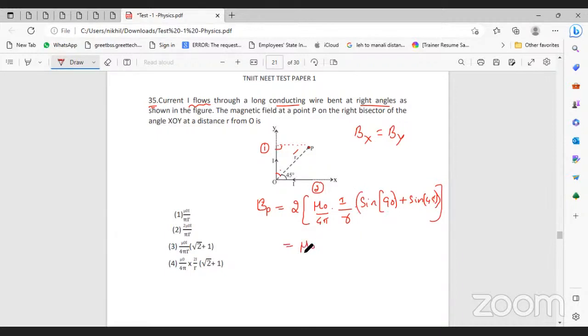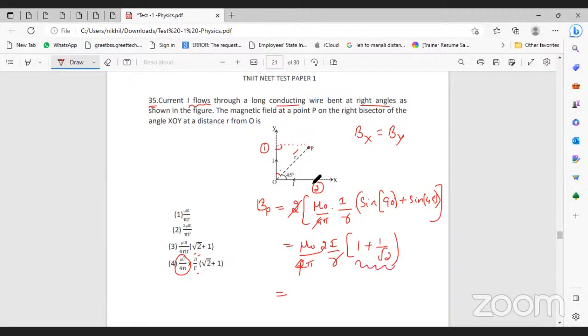So it is mu naught by 4 pi into 2, I by R, into sine 90, which is 1, plus sine 45, which is 1 by root 2. So it is 1 plus 1 by root 2.